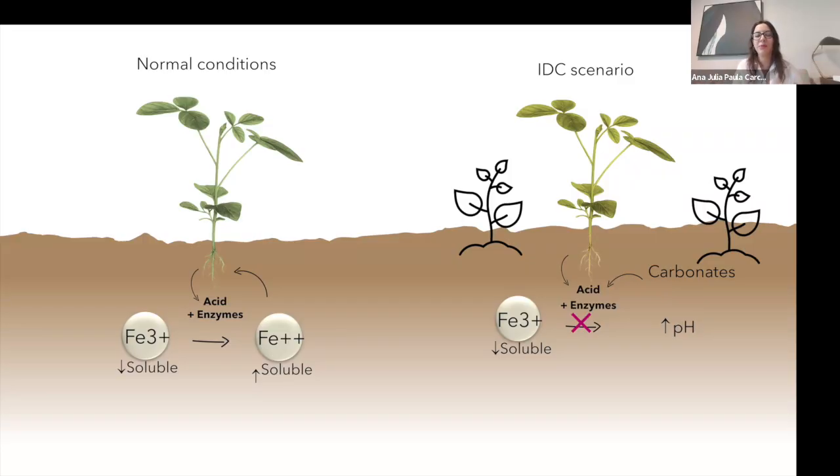So the carbonates won't dissolve. So what it ends up is that the pH won't change. So they will neutralize the acids. So the plant will be able to work the way around and get their iron 2+ that is soluble and it can be absorbed. So this is basically the reason why putting more plants or using a companion crop might help you deal with IDC.